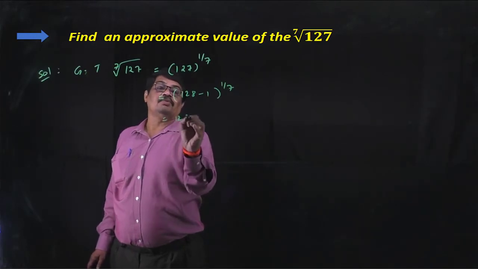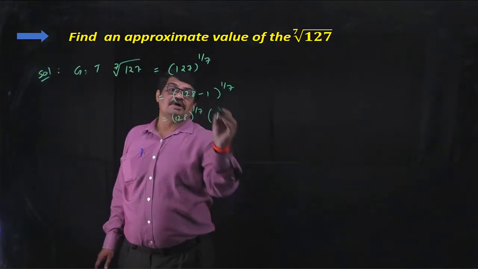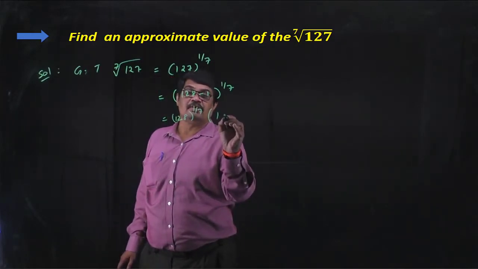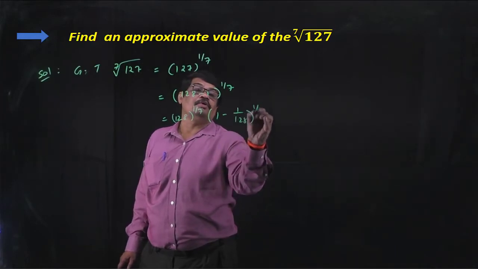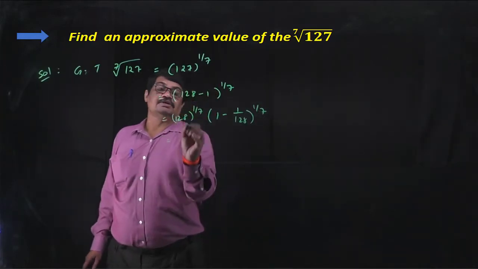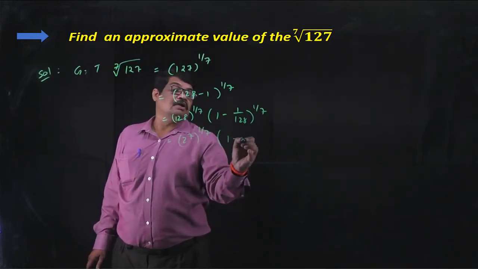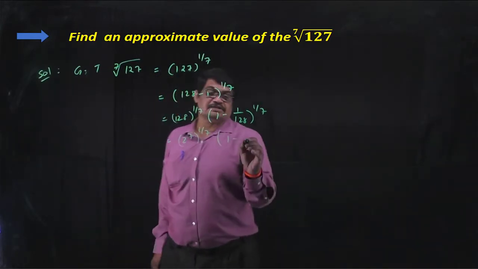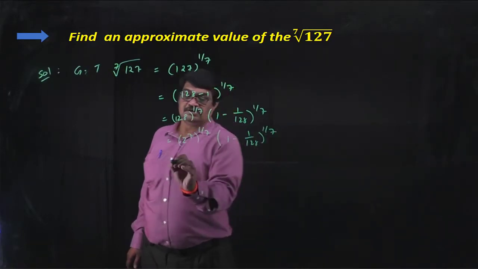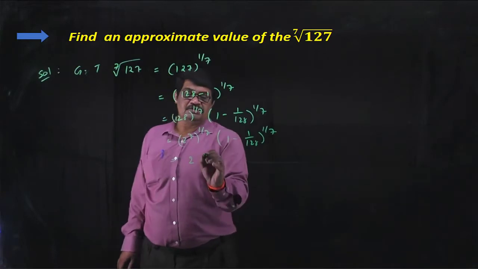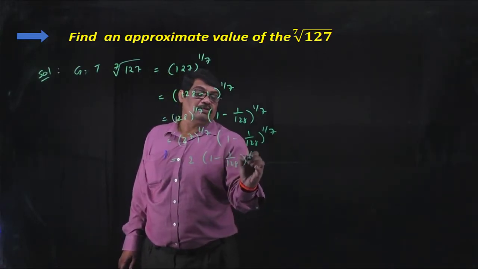Now we take 128 whole power 1 by 7 common. Then we are getting 128 whole power 1 by 7 into (1 minus 1 by 128) whole power 1 by 7. So this can be written as (2 to the power of 7) whole power 1 by 7, that is 2, into (1 minus 1 by 128) whole power 1 by 7.